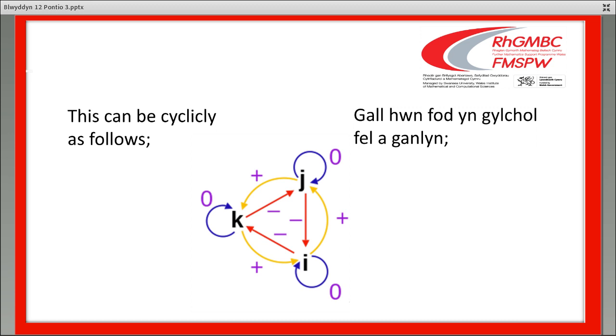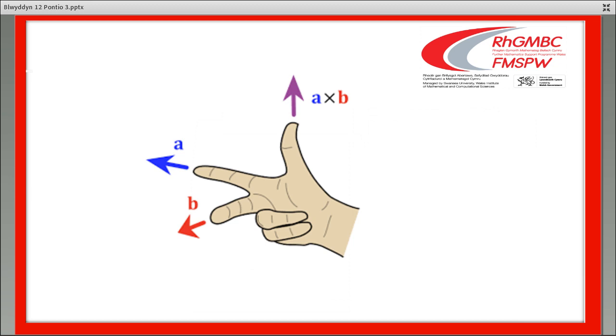Now, one way of actually working this is what they call the right-hand rule. So that is this one. If you imagine that your index finger is pointing along the I-axis, the middle finger is pointing along the J-axis, your thumb is pointing along the K-axis.